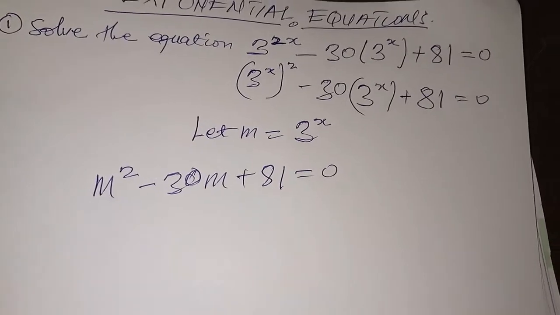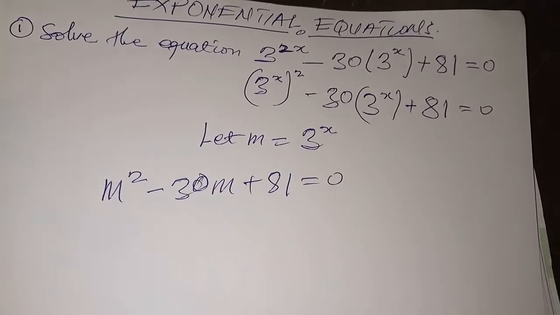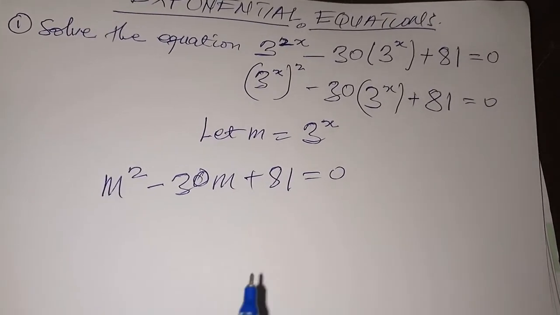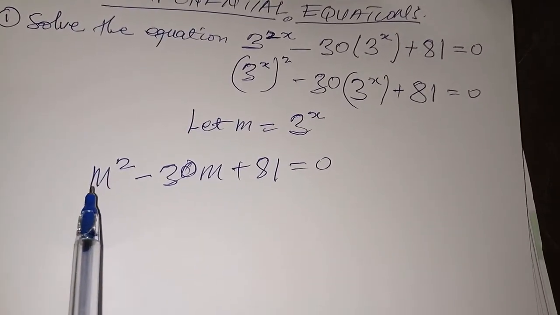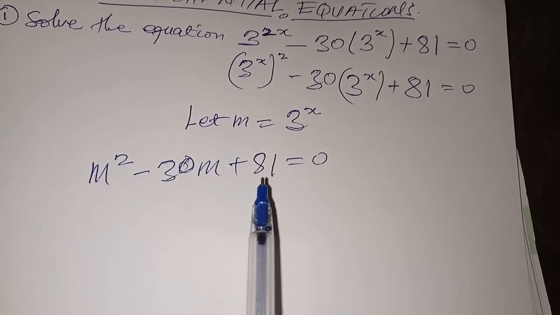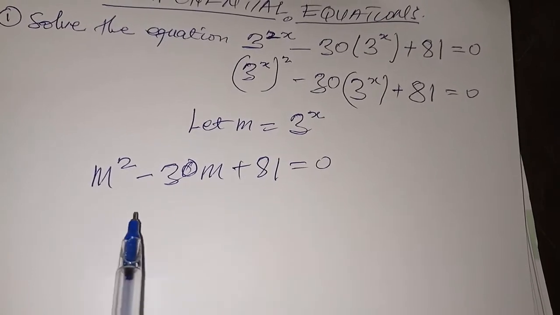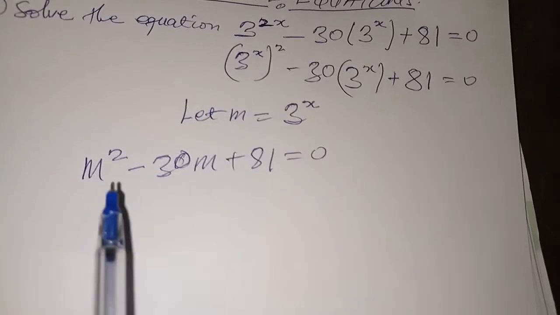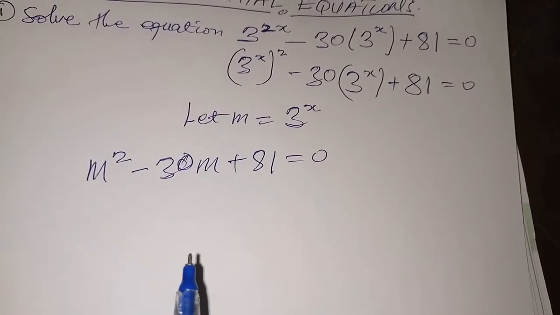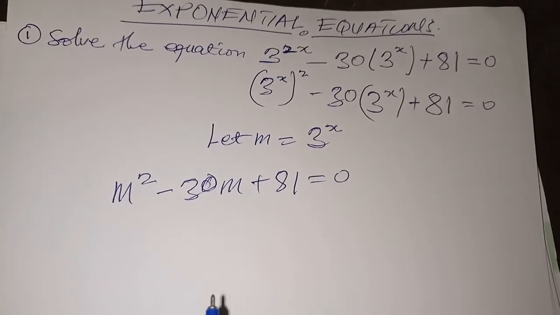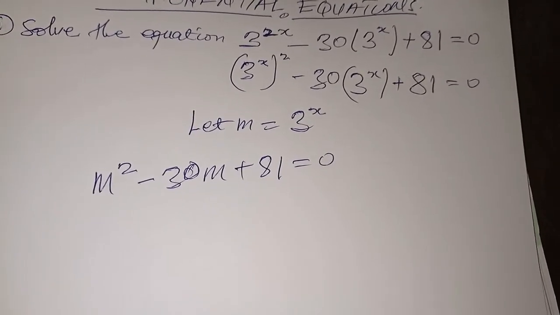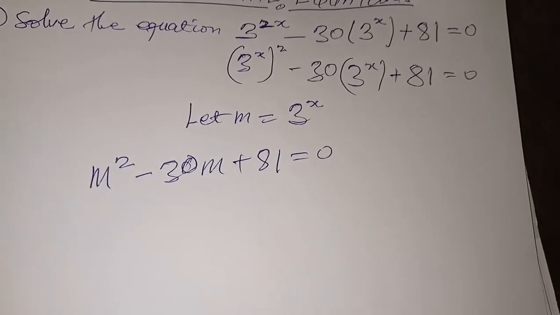Now, the only thing we are doing is that we are going to look for 2 factors of a times c, so that when we add them, we are going to get negative 30, which is our b. But since this question is not about quadratic equations, we are going to use a very shortcut way of solving that can help us to finish early.